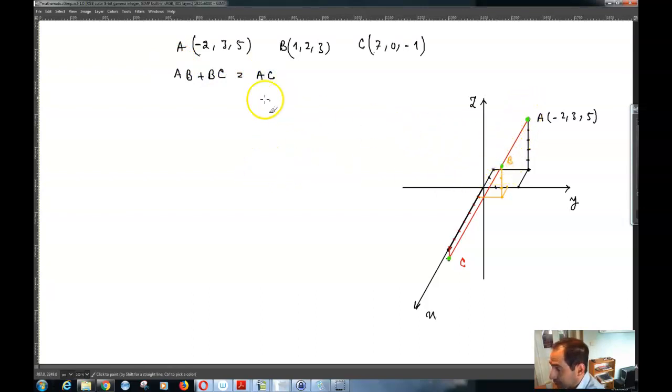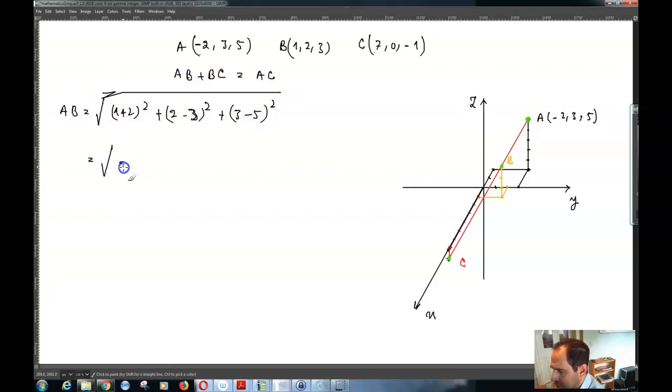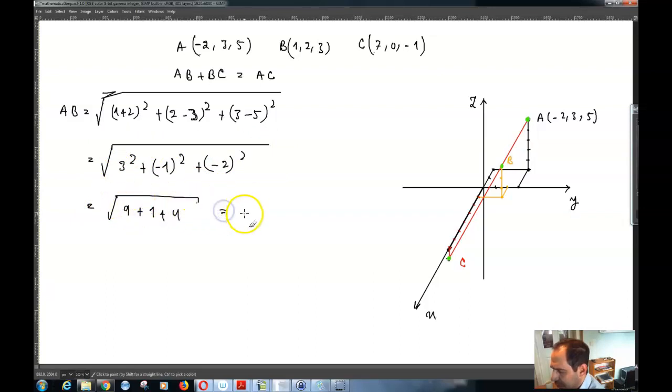So if I calculate, for example, AB, it would be equal to the square root of (1 plus 2) whole squared plus (2 minus 3) whole squared plus (3 minus 5) whole squared, and that is equal to the square root of 3 squared plus (-1) squared plus (-2) squared, which is the square root of 9 plus 1 plus 4, which is 14.